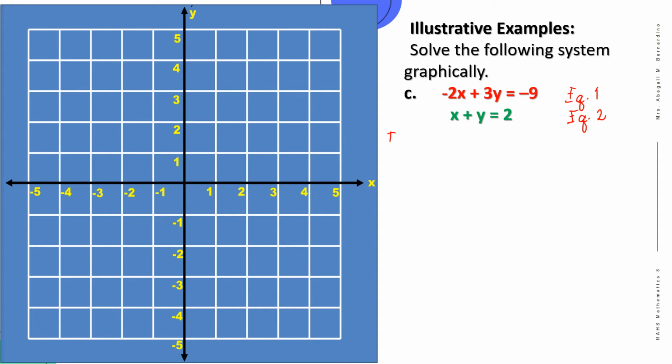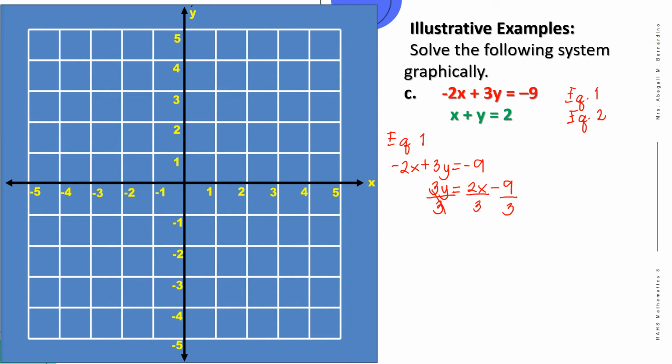For equation 1, we have negative 2x plus 3y equals negative 9. Then we have 3y equals 2x minus 9. Then divide both sides by positive 3.